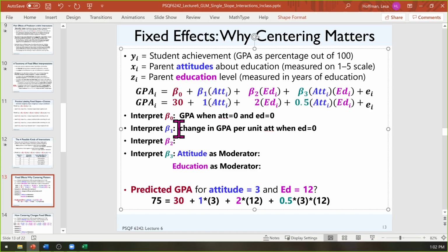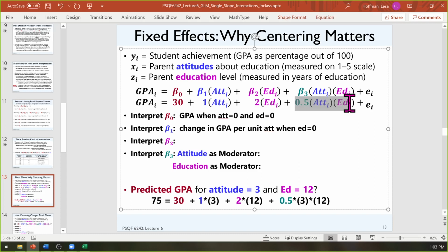Once we add another variable in here, such as if our x is attitudes and we add in education, then the slope for attitudes describes the unique slope holding education constant or after controlling for education, or whatever phrase you want that conveys that idea. It's the non-common part of the Venn diagram that slope refers to. So that would be the case even if this latter interaction term wasn't in the model.